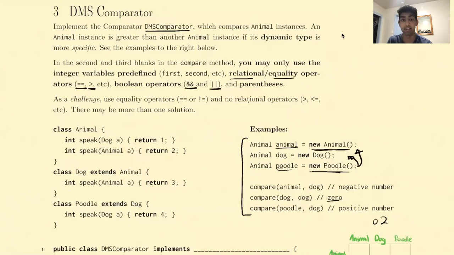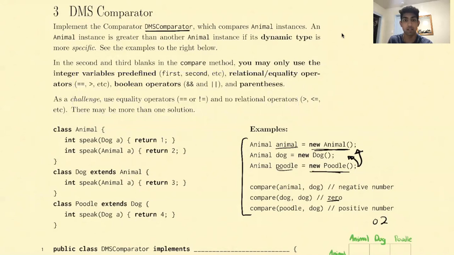or, and parentheses, okay? And then for the challenge solution, which I definitely recommend doing because it's a better test of your guys' understanding, we're not going to use greater than or less than or greater than or equal to or less than or equal to. Instead, we will only use these two, okay? It's just a better test of your guys' understanding. So I recommend doing the challenge iteration of this question.